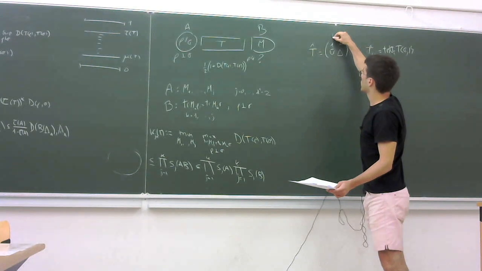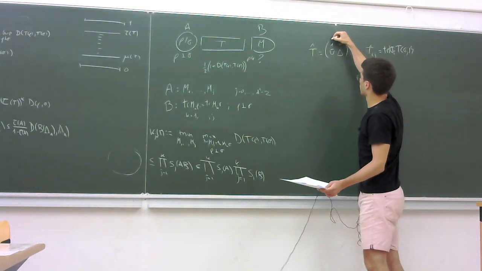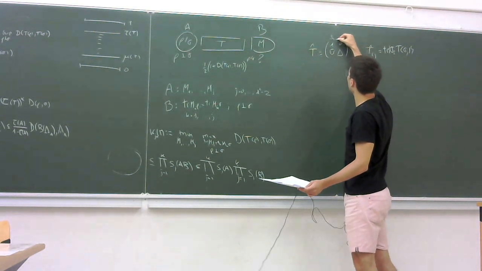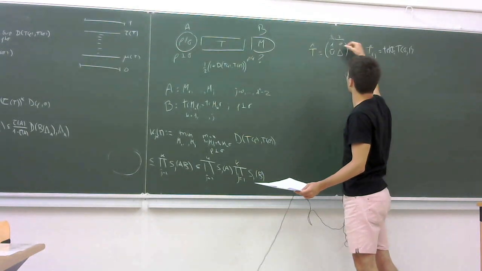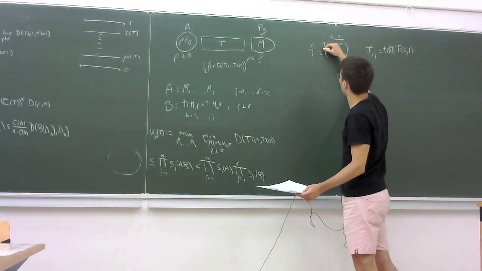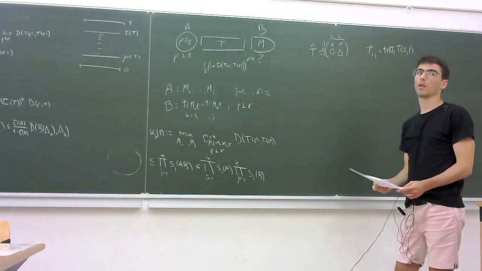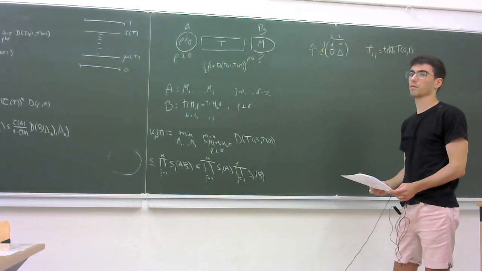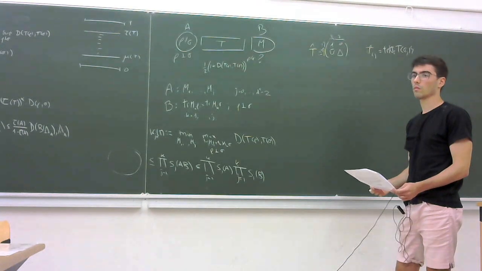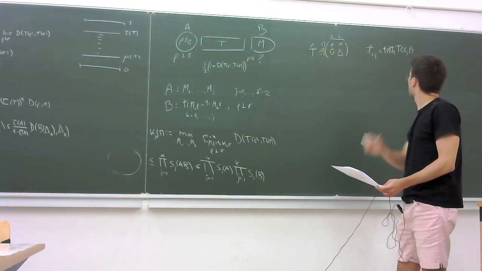Wait a second. This is 1, and here there are 3 values. T can be any single TP map, in qubits, and the sigma j's are the Pauli matrices.